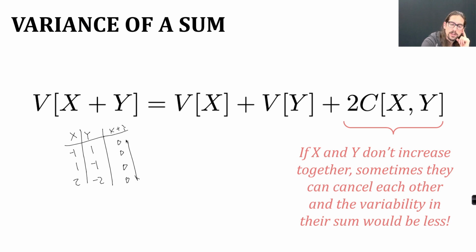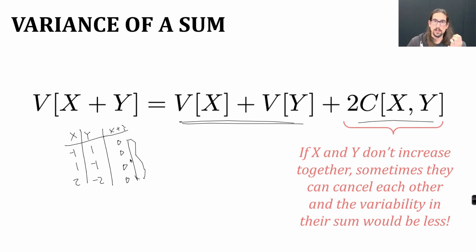A whole bunch of zeros. And the variance of all this is going to be very small. So when there's a negative correlation, these sums are canceling out, and the overall variability of the sum is going to be smaller than the sum of the variances. And in some cases, like in this example here, which is very extreme, I've made it so that this is exactly canceling this, and the overall variance of the sum is 0. So you can get that case.